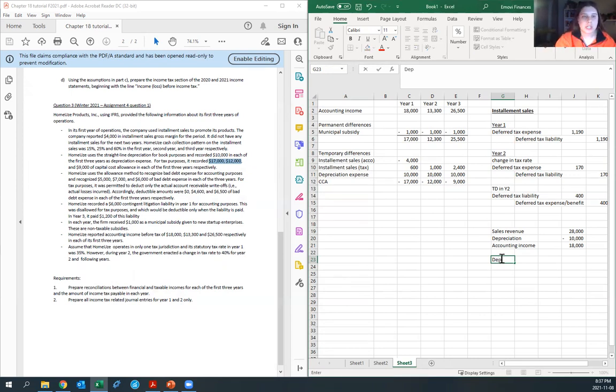So for the depreciation slash CCA, for year one, the effect is that it increases your taxable income by $7,000. So you're paying less taxes this year, more taxes in future years. So it's going to be set up as a deferred tax liability.